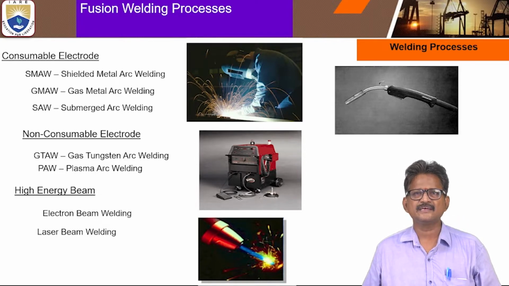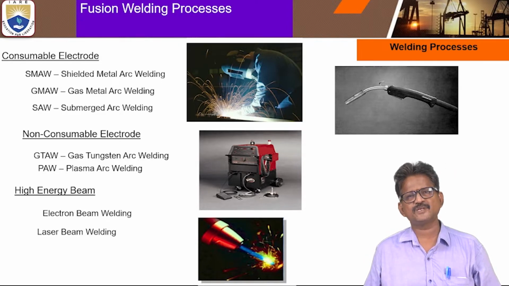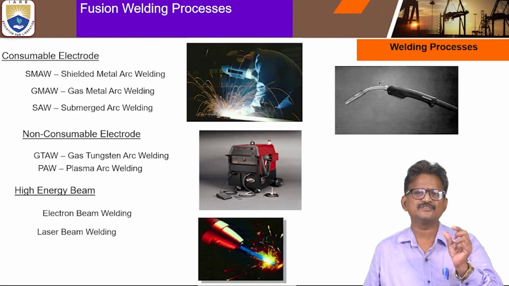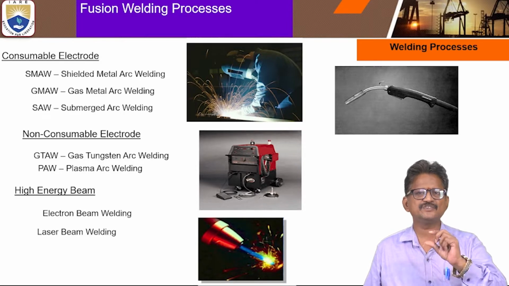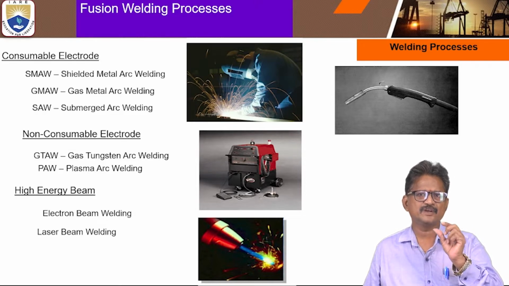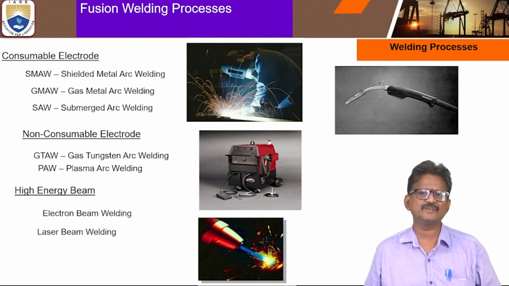Generally a consumable electrode is used, and sometimes a non-consumable electrode. Depending upon the usage of this electrode, it can be classified into two types: shielded metal arc welding and tungsten gas arc welding, that is TIG welding, MIG welding.